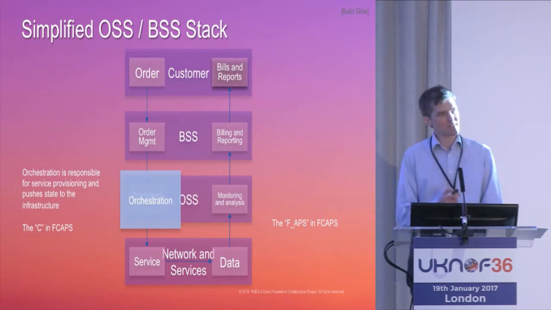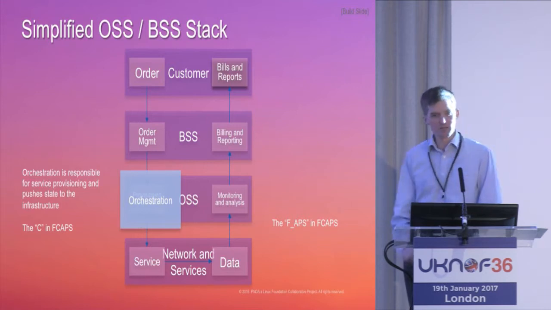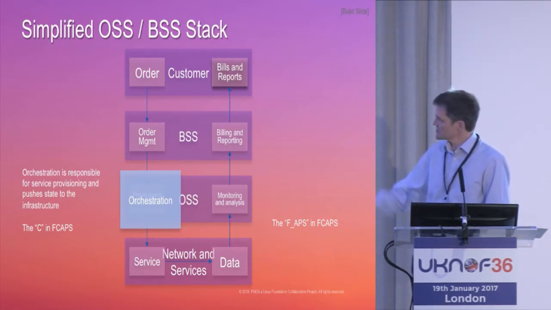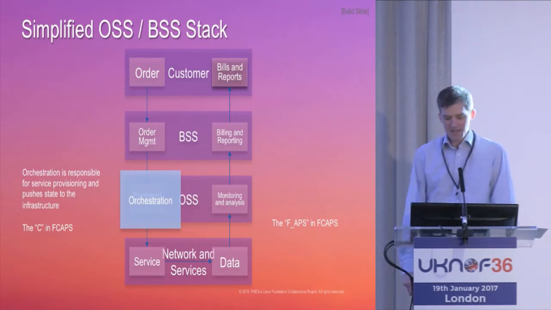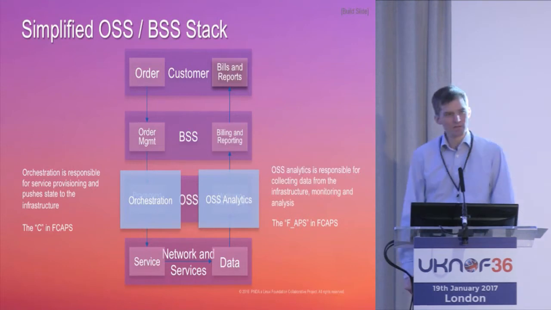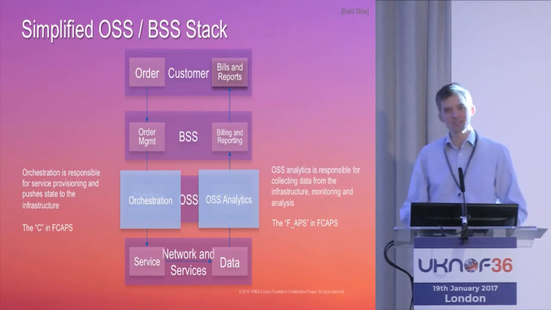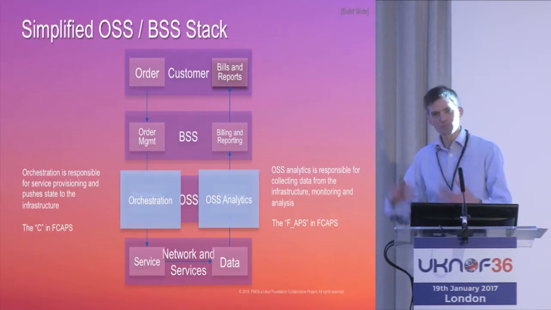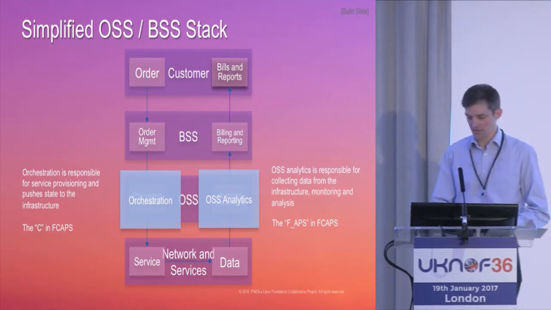But let's try and map this to what's going on today. There's a huge amount of work that's been going on in orchestration and automation. On my diagram, that's addressing this provisioning and activation block. There isn't so much by way of equivalent work addressing the analysis of the data that's coming out of those deployed services, not in a structured way. I think there's a lot of effort, a lot of work going on in a fairly piecemeal way.